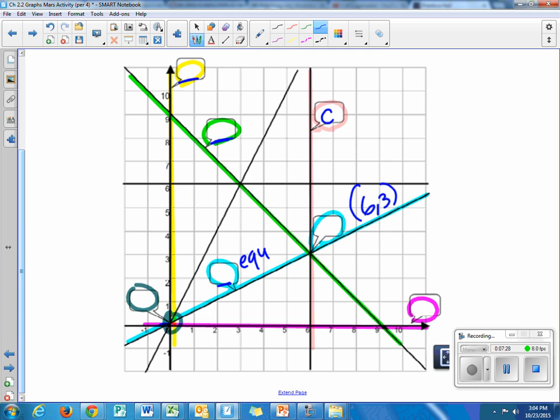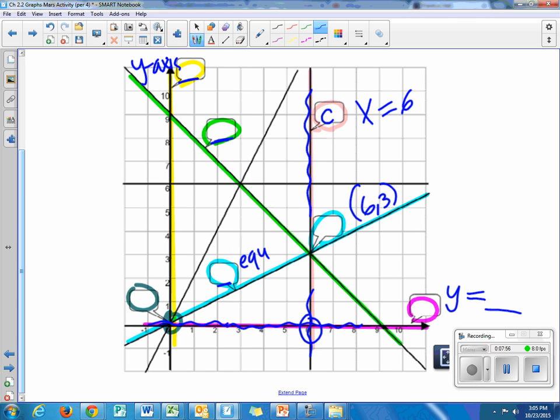Also keep in mind that if this line right here is crossing the y-axis, that means the answer has to be y equals something. If this line all the way down is crossing the x-axis, it has to be x equals something, which is 6 in that case, okay?